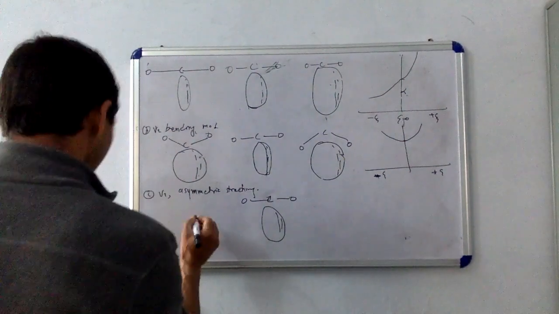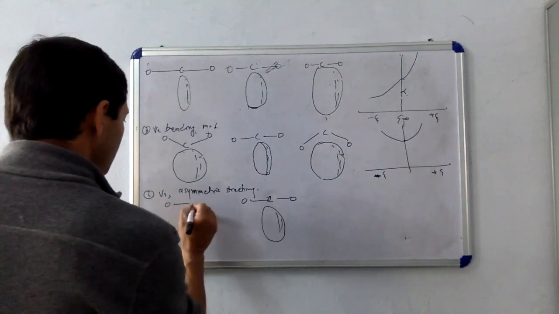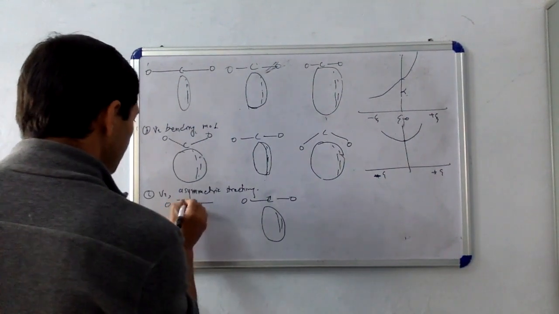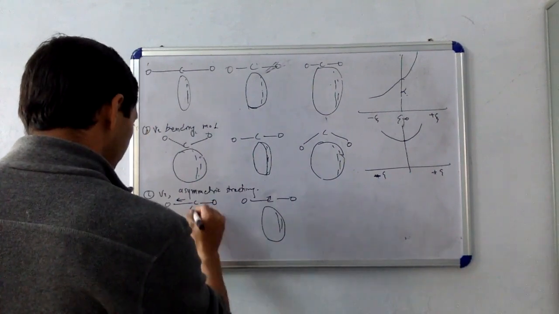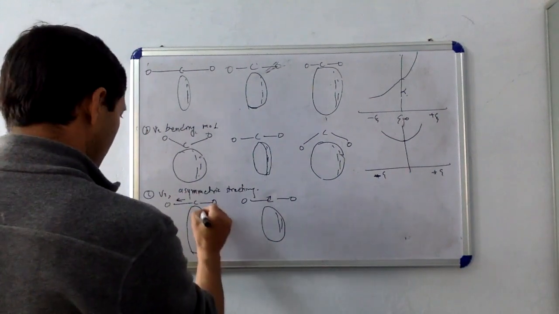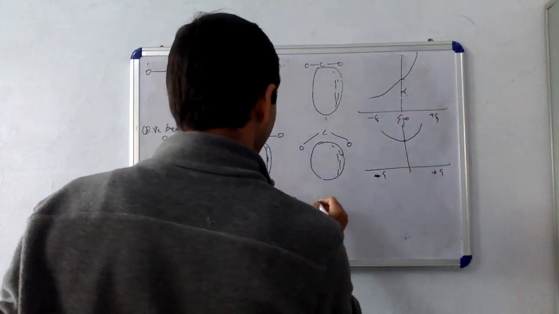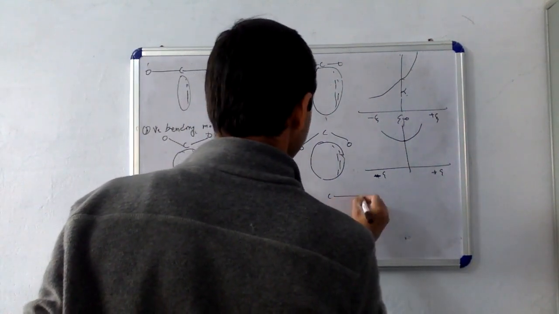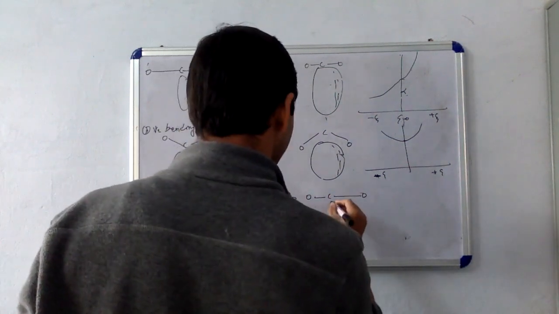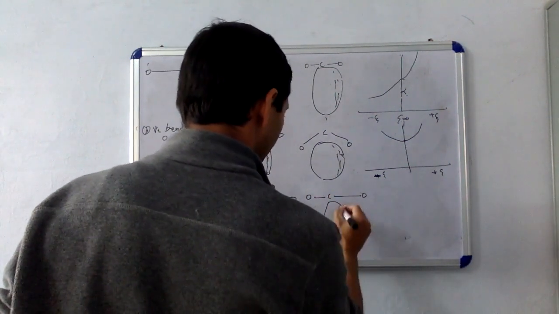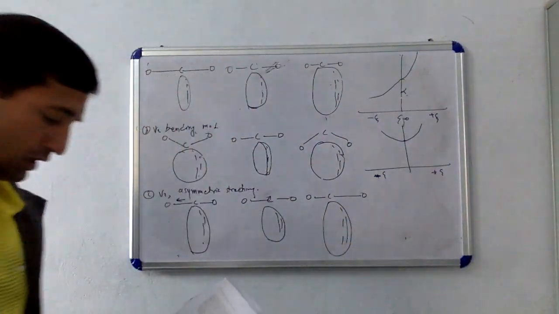Here, if this atom is going out and this remains at the equilibrium, then you have this ellipse. And if this is going out and this is remaining at the equilibrium, then you have again this mode.